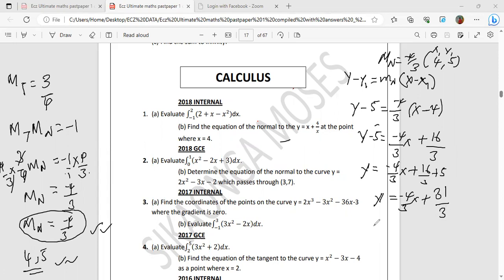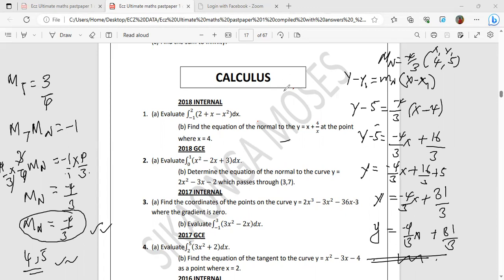So our function is -4/3x plus 31/3. That was the equation of the normal. These questions are very nice.